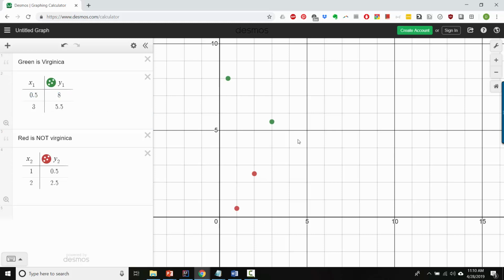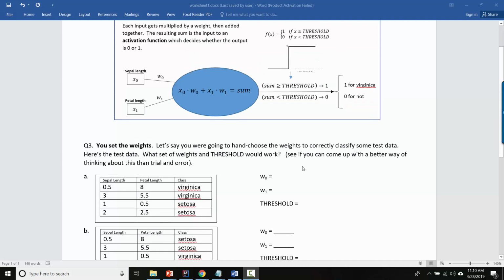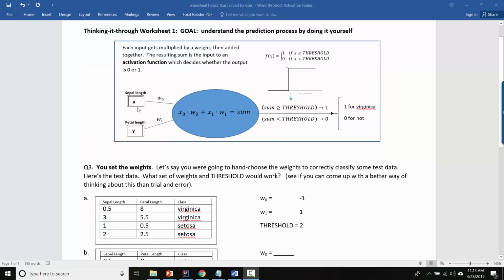Okay, so how does this really help us so far? Let's think about this algebraic process, but let's use the same labels that we did when we graphed the data. So when we graphed the actual data points, I was using x as my sepal length and y as my petal length.